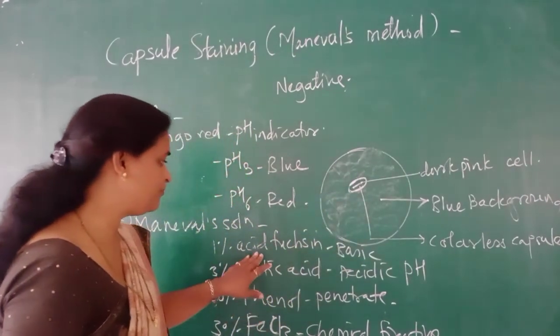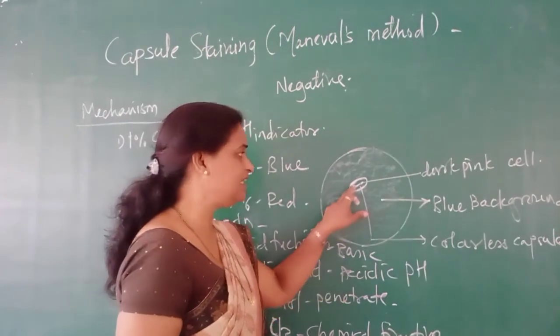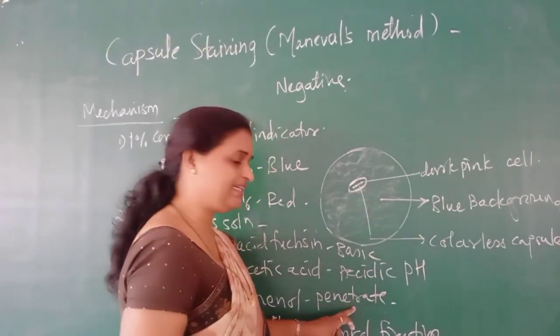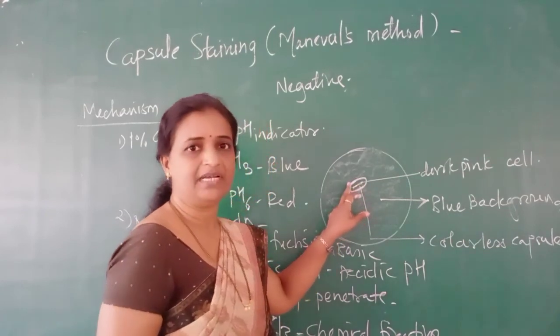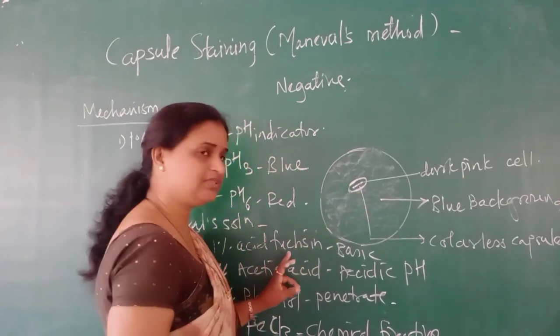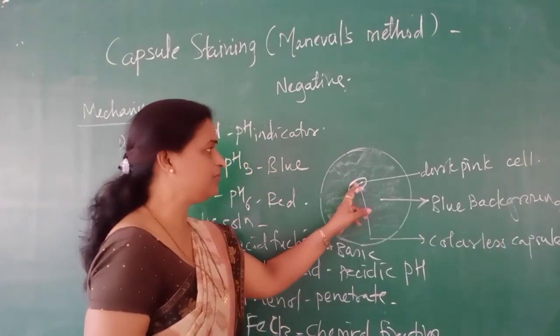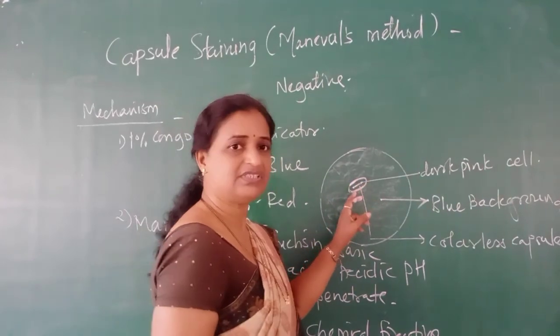At the same time, acid fuchsin is a basic stain. It gets attracted and penetrates along with the phenol, and it stains the acidic cell. So this basic stain gives pink color. Acid fuchsin is pink. It gives pink color to the inner cell. So you will get a pink inner cell. Capsules are neutral.